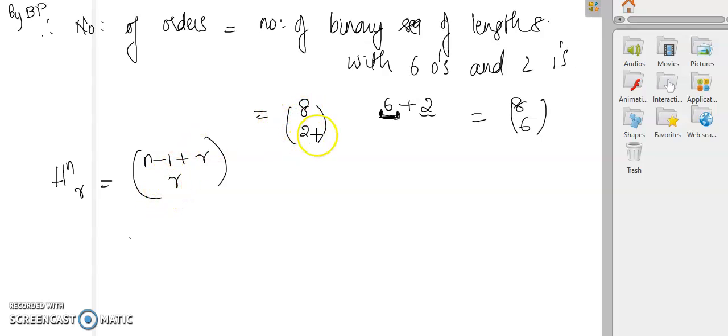Since 8C2 and 8C6 are the same, this is also equal to n minus 1 plus R C n minus 1. Both are equal. So this is the value of HNR.